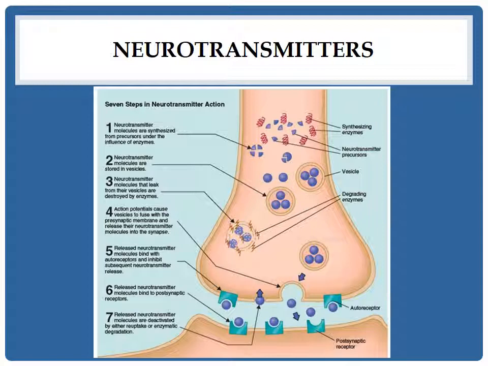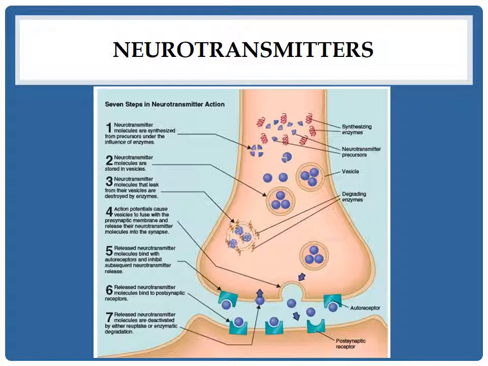So then once the neurotransmitters are in the synapse, either number 5, they can bind with autoreceptors, and that's how the presynaptic cell can sense whether there's enough of that neurotransmitter available. If the autoreceptors bind a lot of those neurotransmitters, the subsequent neurotransmitters will be inhibited, whether its formation will be inhibited or release will be inhibited.